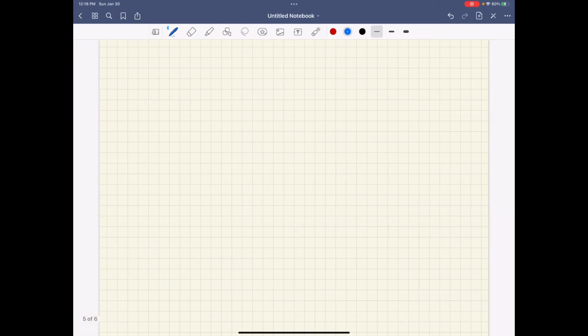Now then, if you have an equation this time, y minus 4 is equal to negative 2 times x plus 7, and you have to find the slope and a point the line passes through from the equation.